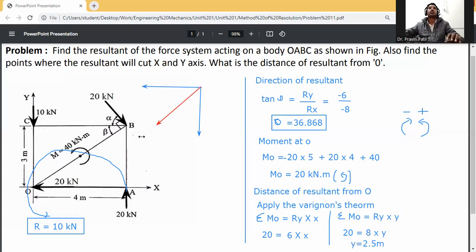R is equal to 10 kilonewton, and theta is 36.86 degrees.